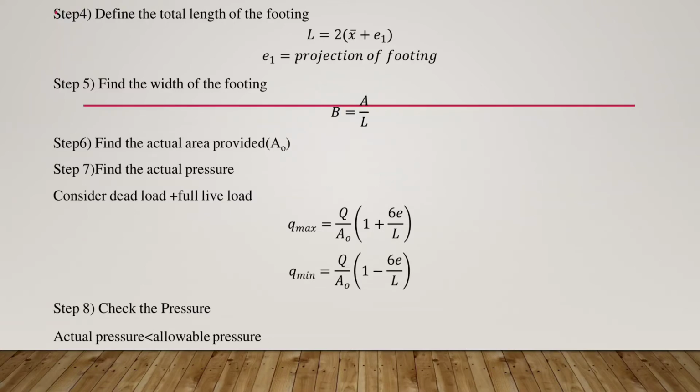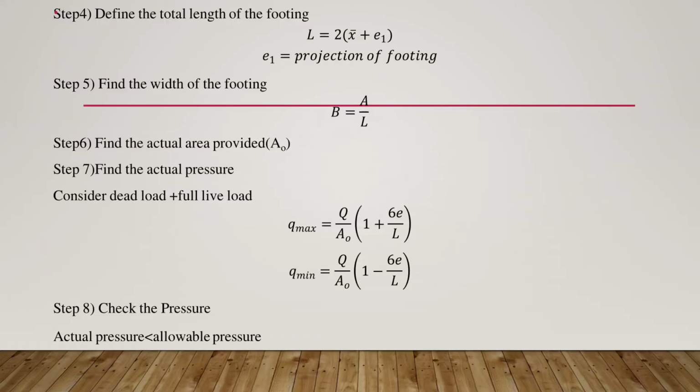Next step is to find the actual area provided, that is A0. And in the 7th step, find the actual pressure. Up to the 7th step we find the dimensions, that is area, B and L. After step 7 we consider the action of dead load plus full live load.